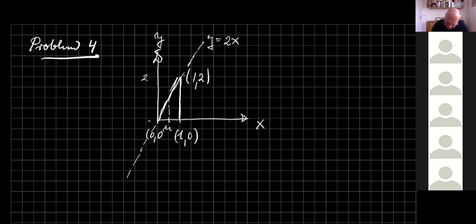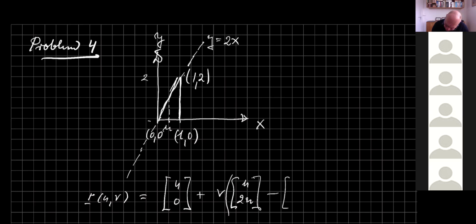So then it's fairly easy to write down this parametric representation. I get the initial point, which is u, 0, and then another parameter. I take the final point, which is u, 2u, minus the initial point.